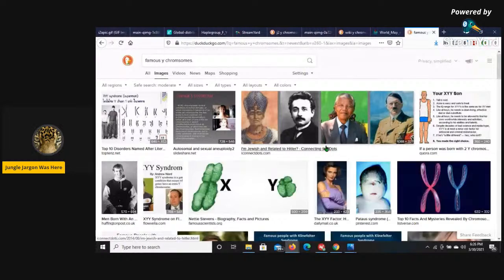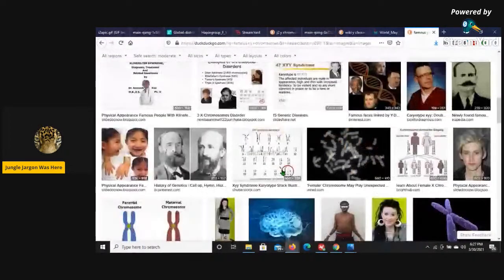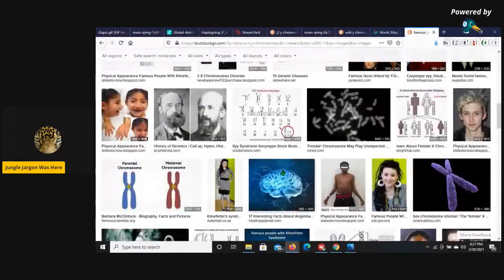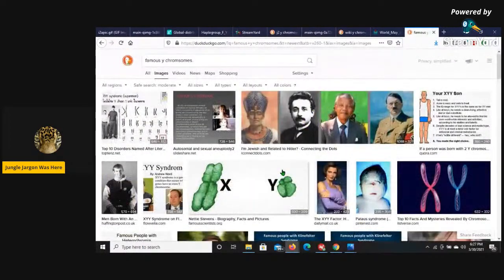Of Nelson Mandela, he's an E1B1. Let me get a better picture here. Oh my goodness.